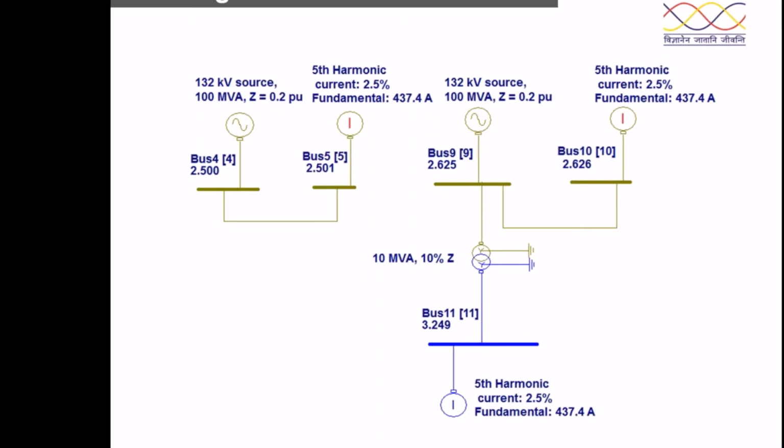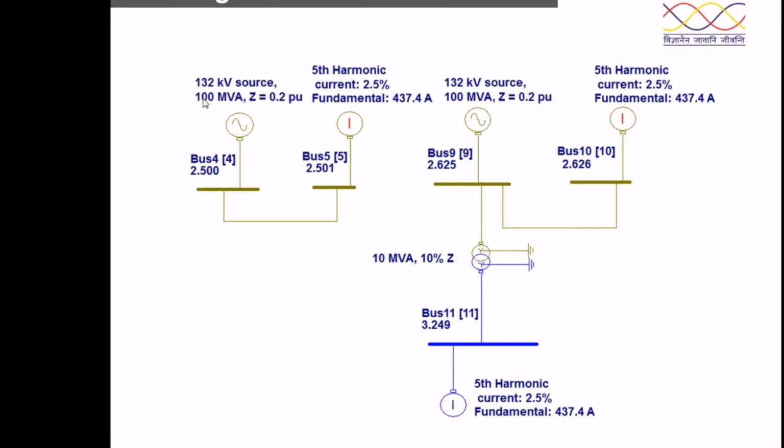In those places, for an upcoming system, if we are doing the measurement, it is worthwhile if we are able to disconnect the industrial consumer and do the measurement to find out the background harmonics in the system without the consumer who is going to get connected.